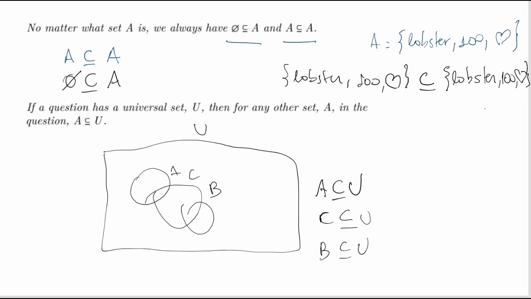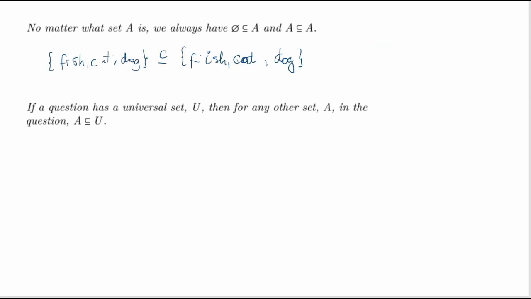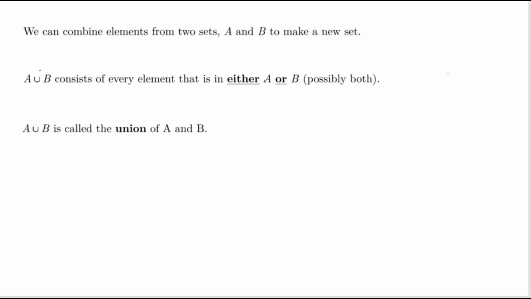Let me talk now about the first operation that we have between sets. It's called union. We can combine elements of two sets. We're going to do operations with sets the same way we do operations with numbers, like 1 plus 1 is 2.